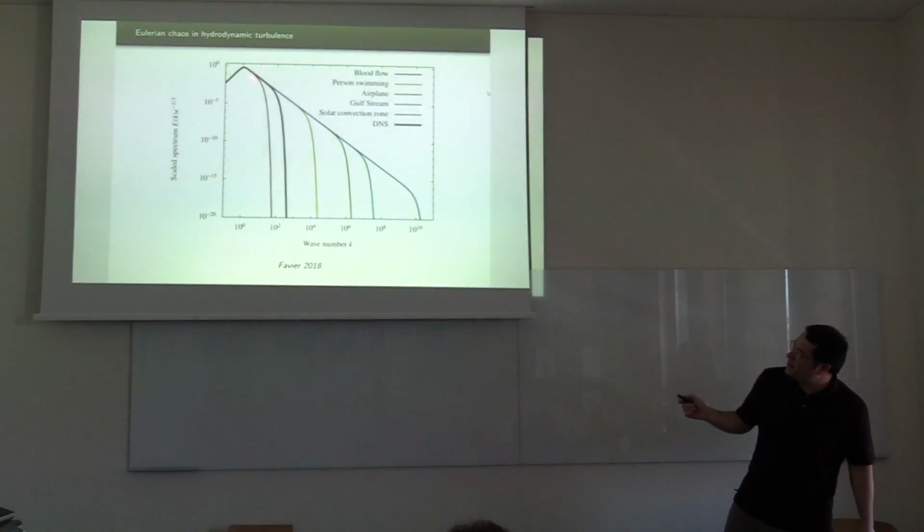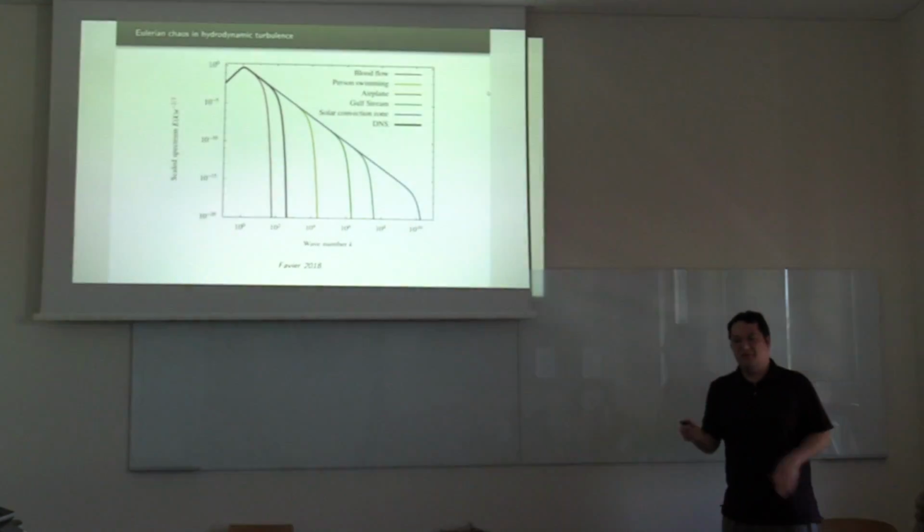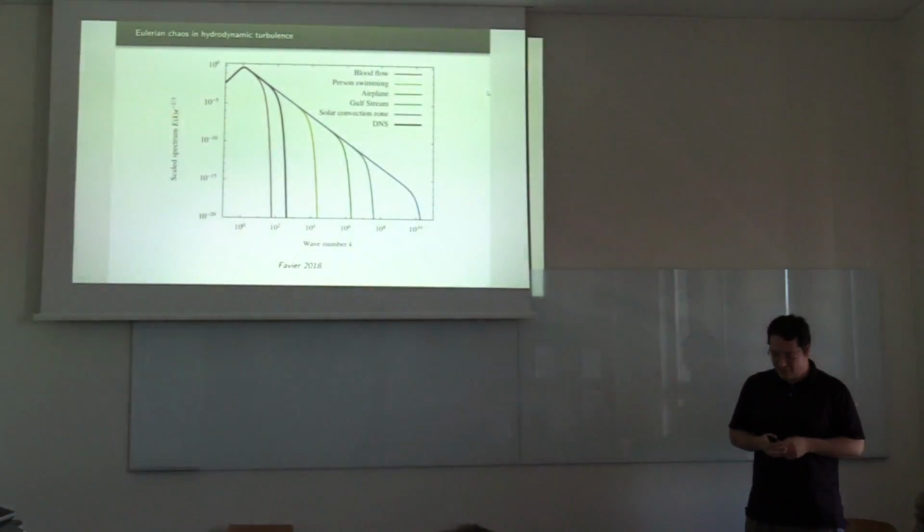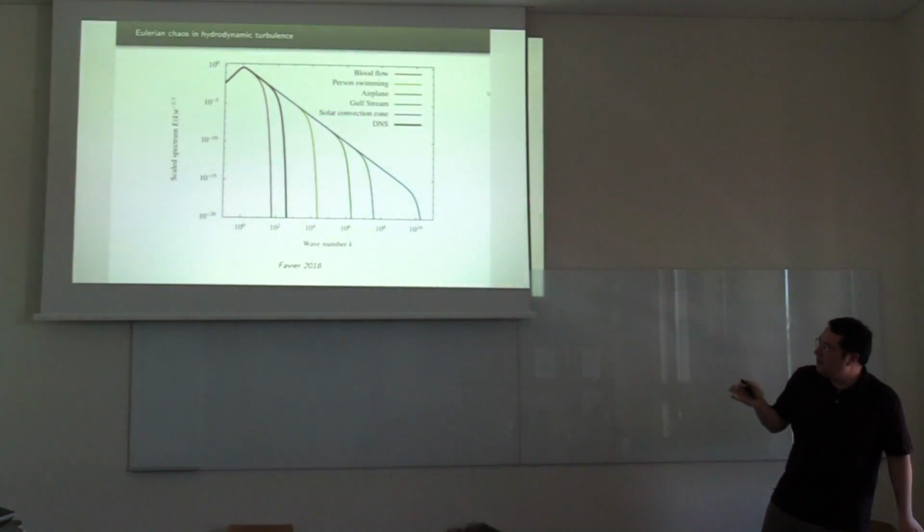Now, the Reynolds number of blood flow is smaller than our DNS, but the Reynolds numbers of more commonly seen turbulence, like a person swimming or behind an airplane, are much, much higher. So you might wonder how relevant our results are, given that the Reynolds numbers are so much smaller than actual physical values. But we don't have infinite computing power, so we have to accept these.